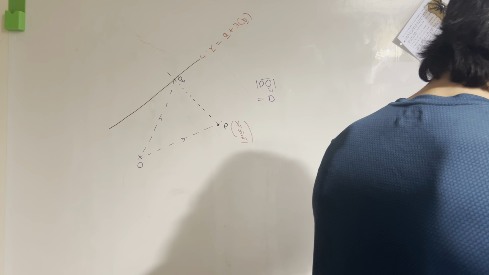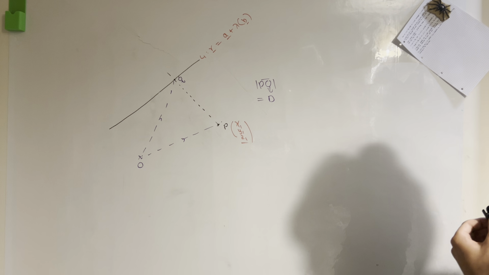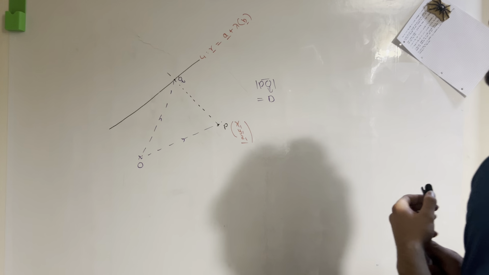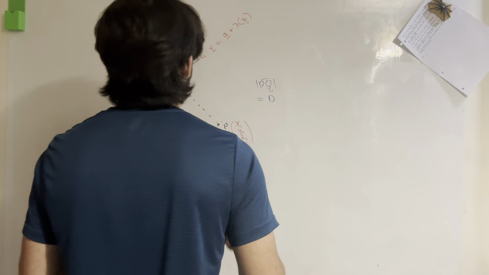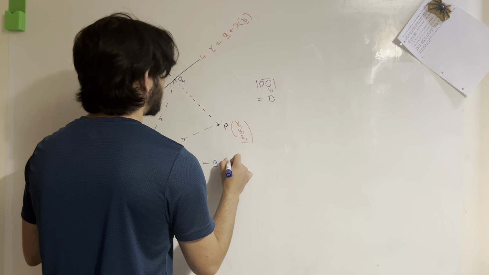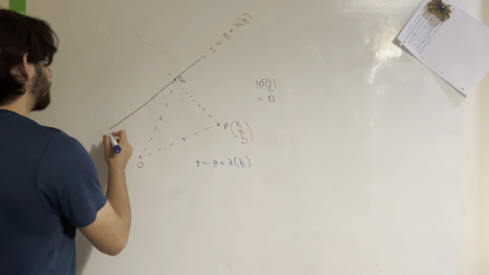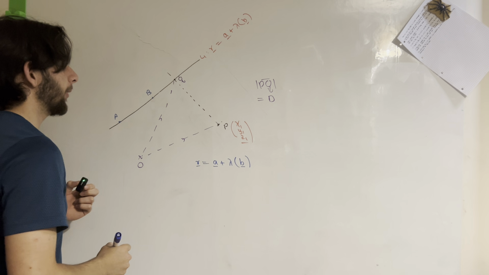The idea is that just as A and B are vectors, we can expand them outwards and we can add, multiply and subtract them however we normally do with vectors. So we have the position r equals A plus lambda B. So maybe A is some arbitrary point over here and B is some arbitrary point over here.